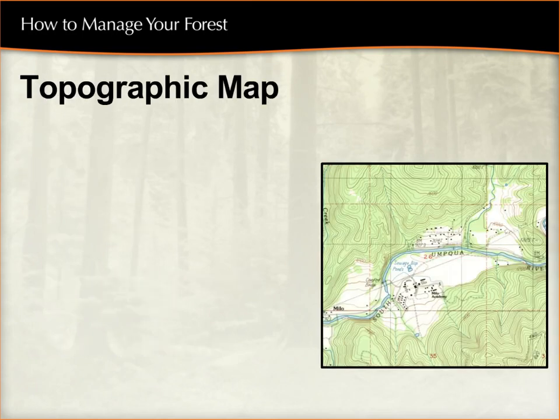Topographic maps are useful because they contain information on the terrain. Contour lines follow the slope and show areas of equal elevation. The interval is the elevation difference between these lines.